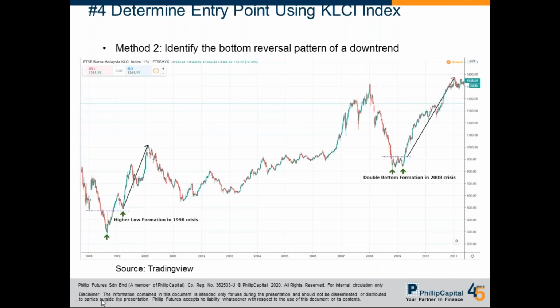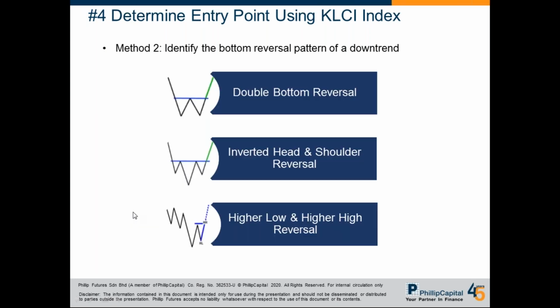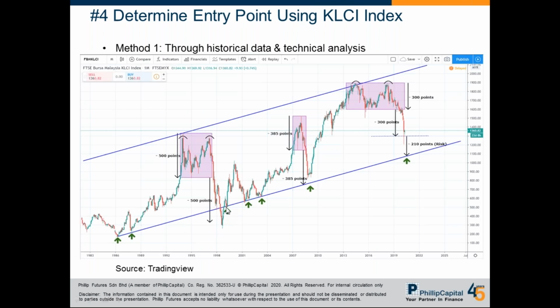Now, let's look at what happened in 1998. If you remember, you must use method 1 and method 2 together. If you draw the trend line up, you should know that this line here is already above it and breaks above the support. It shoots up, so this will be resistance turned support right now.